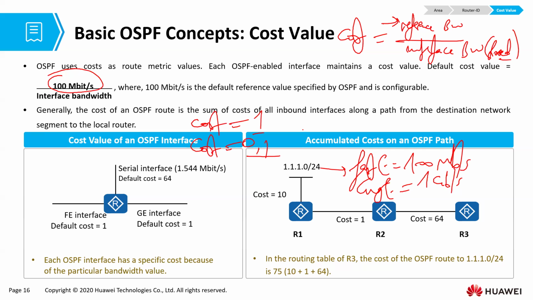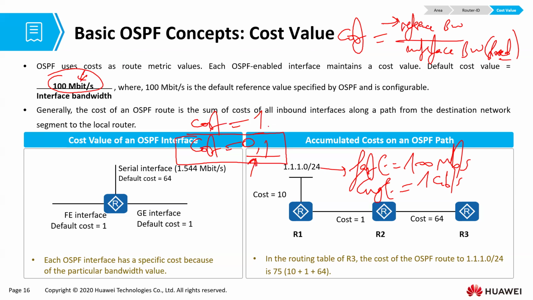However, cost values are integers: 1, 2, 3, 4. So this one, if we are using this default reference, will not be valid. So the reference here can be changed.